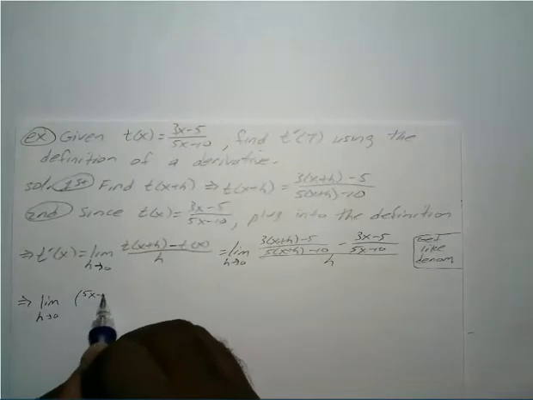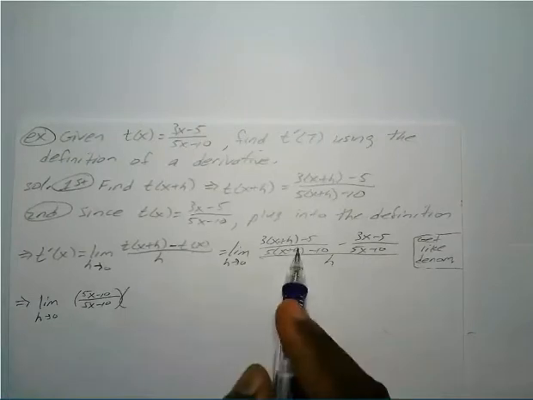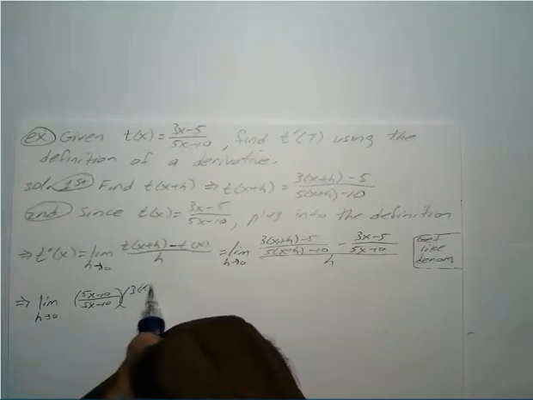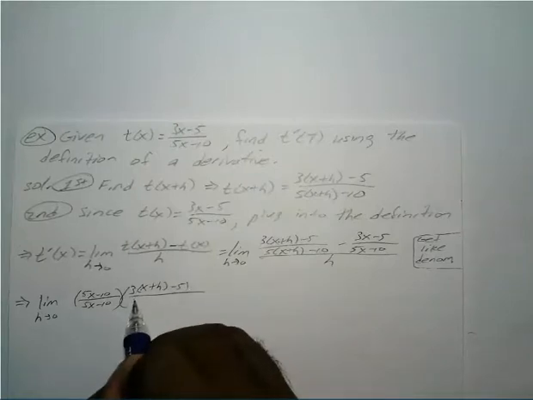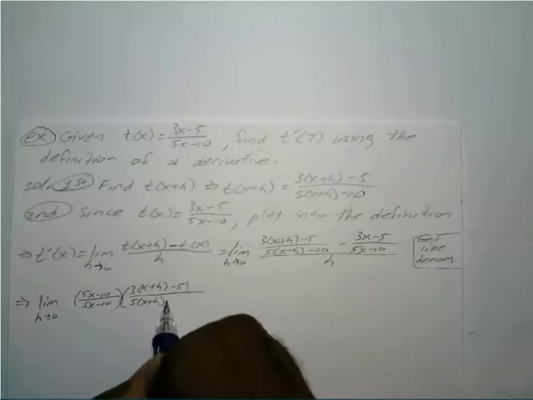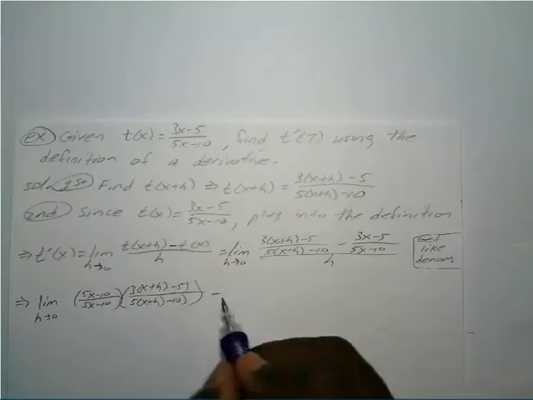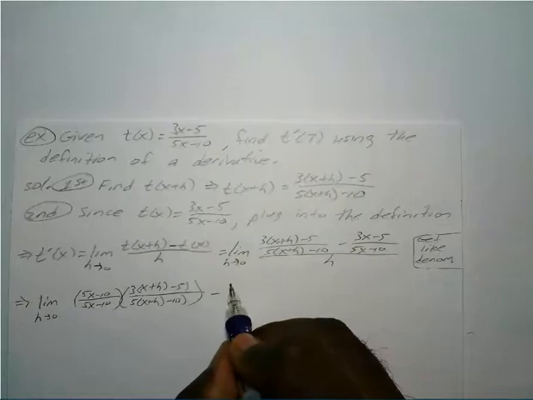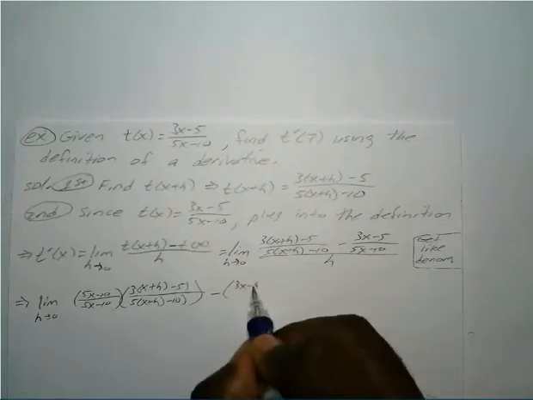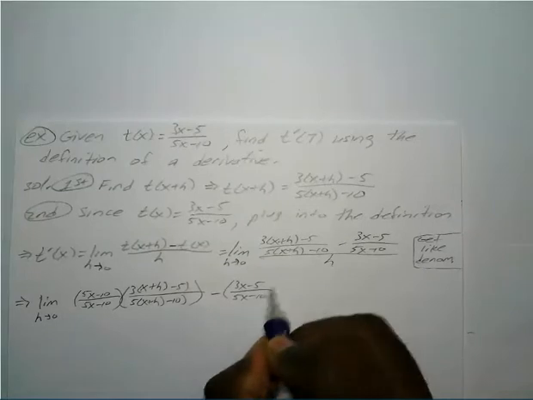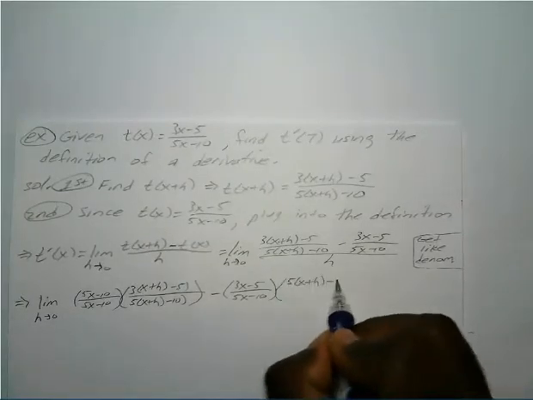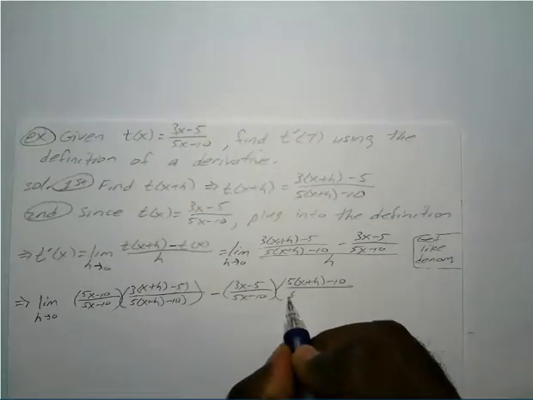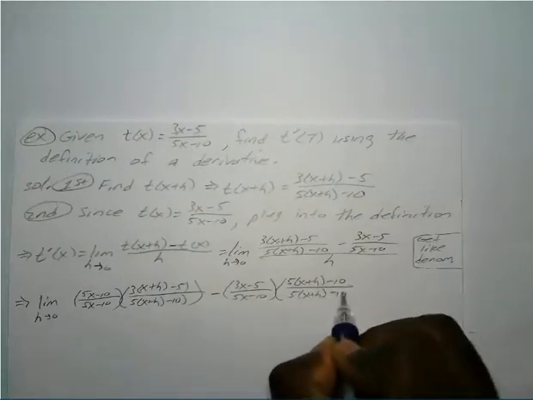We have 5x minus 10 over 5x minus 10 times 3 times (x plus h) minus 5 over 5 times (x plus h) minus 10, minus 3x minus 5 over 5x minus 10 times 5 times (x plus h) minus 10 over 5 times (x plus h) minus 10.